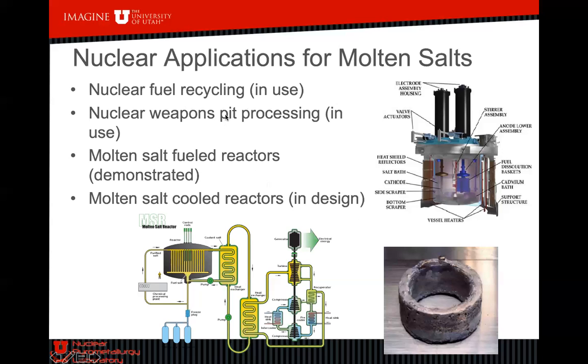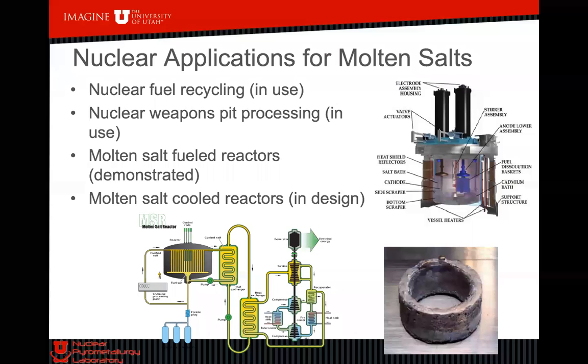Next, an older process than that is nuclear weapons pit processing. Here's a picture of a plutonium metal that has been electrorefined. The electrorefining is used to purify it. What happens in these plutonium-based nuclear weapons is that over time they get a slow development of some minor actinides like neptunium or americium, from spontaneous fissioning or decay, and eventually those weapons become unstable.